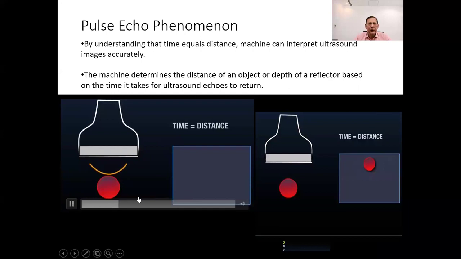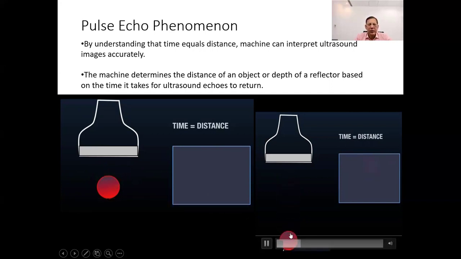Now we will study what the pulse echo phenomenon is. The ultrasound machine emits pulses of ultrasound waves into the body. These waves bounce off objects or structures inside the body and return as echoes to the transducer. The time it takes for the echoes to return varies, depending on the distance of the object from the probe.